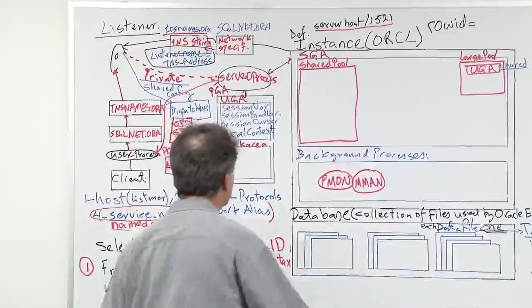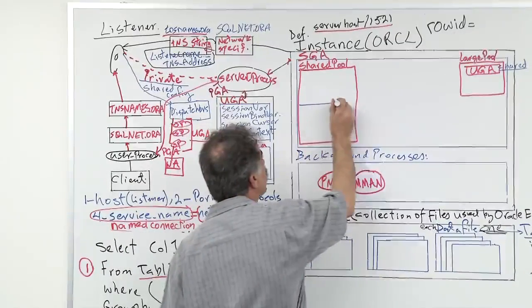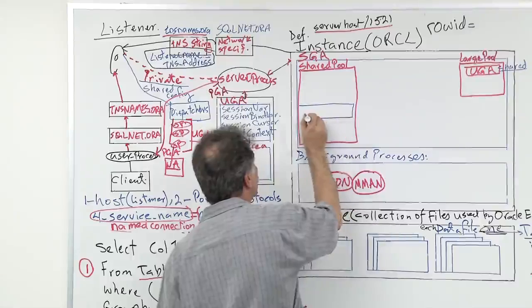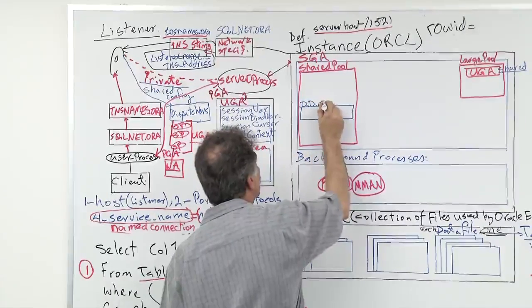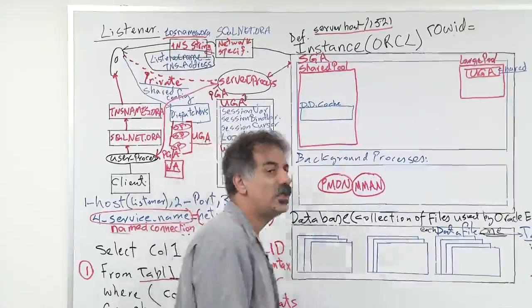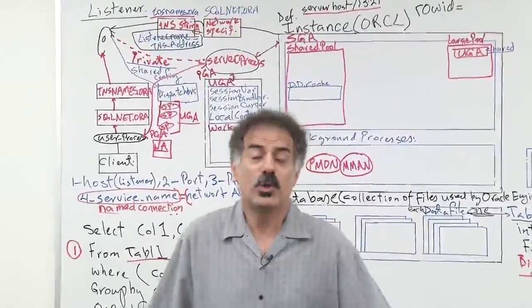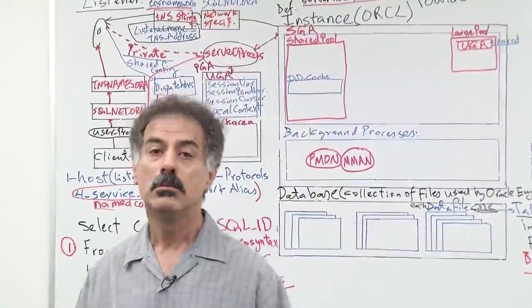One of the components here is called the data dictionary cache. Data dictionary is where we hold all of our metadata.